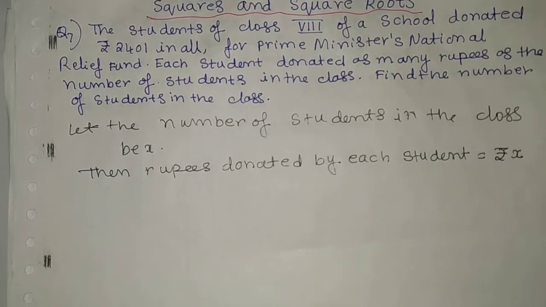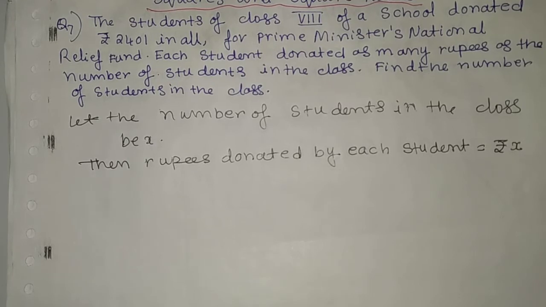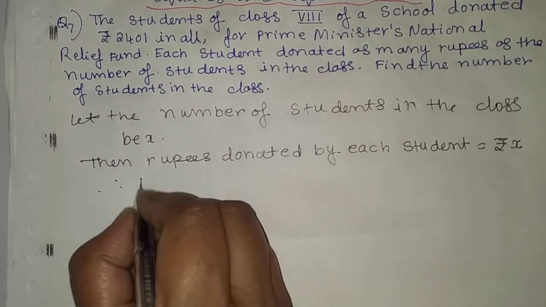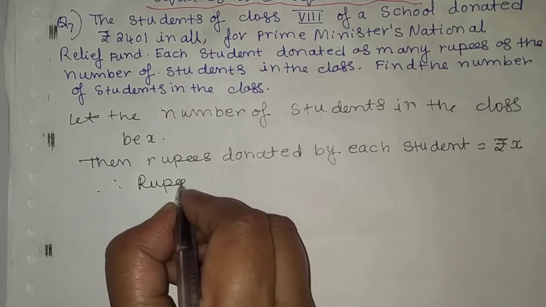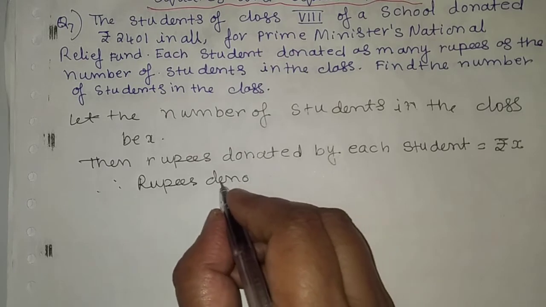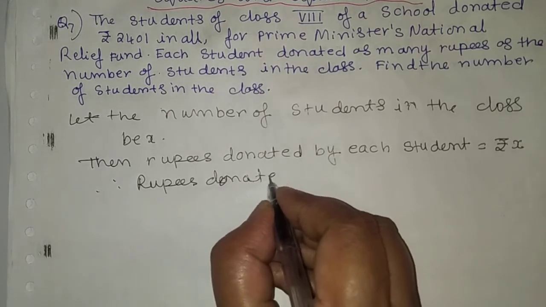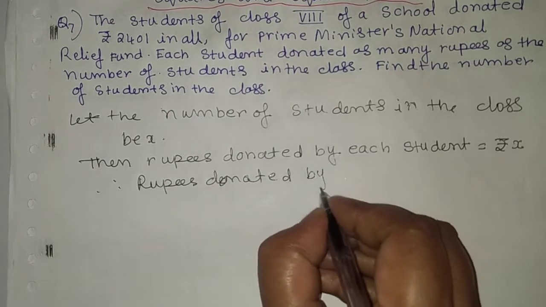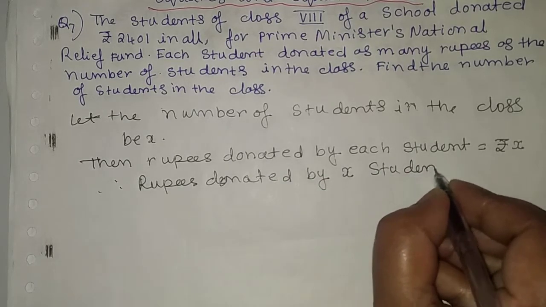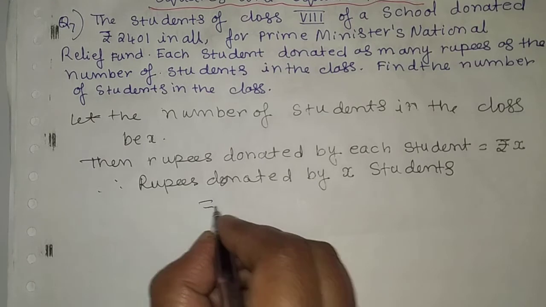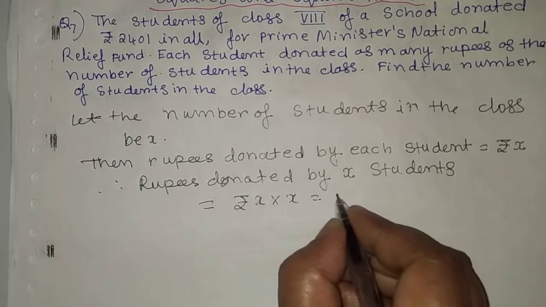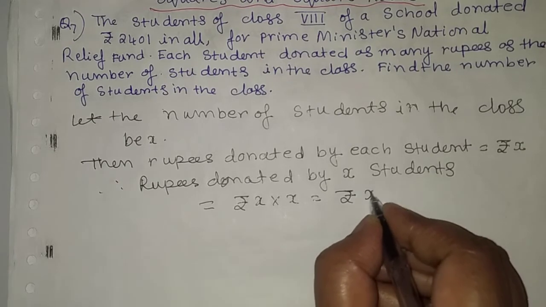Even we don't know how many rupees each student donated. We'll take this also, rupee X. So number of students X, rupee X. Therefore we see rupees donated by X students. Rupees donated by X students is equal to rupee X into X is equal to rupee X square.